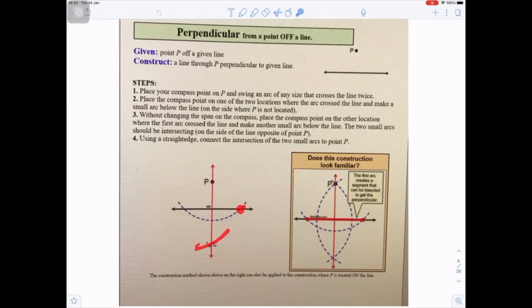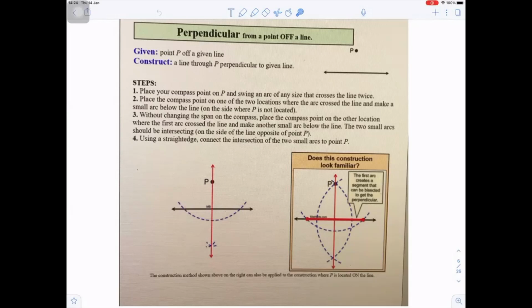And without changing the span of the compass, place the compass point on the other location where the first arc crosses the line and make another small arc below the line. So you change to the other point and do another arc, so you get the 2 arcs crossing like that.